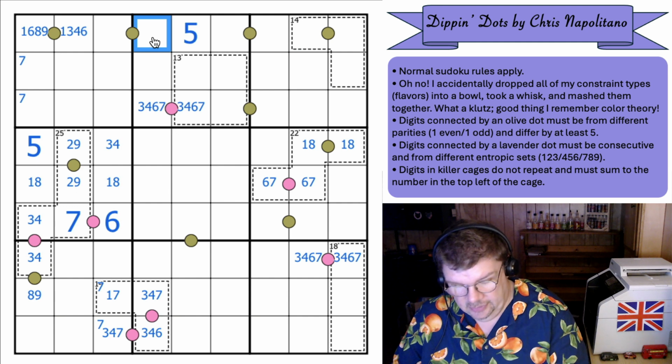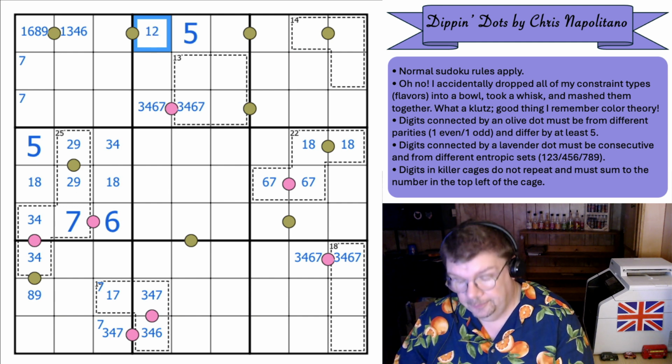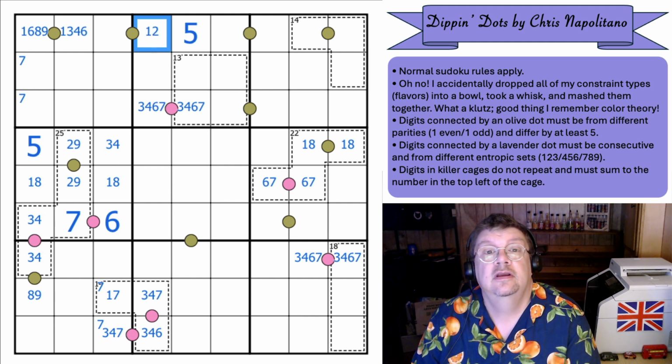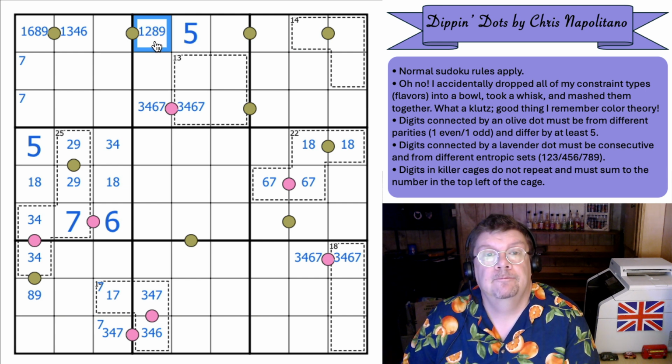So if it's a low digit, it's 1 or 2. If it's a high digit, it's 8 or 9. If this is a high digit, 8 or 9, that can go with 1, 2, 3, or 4, I think.